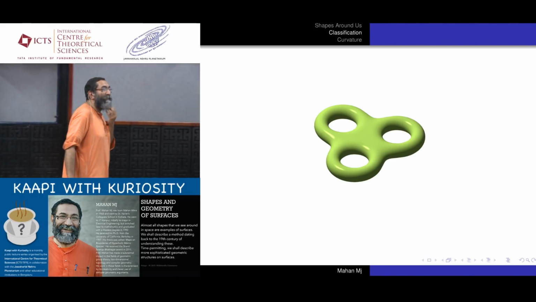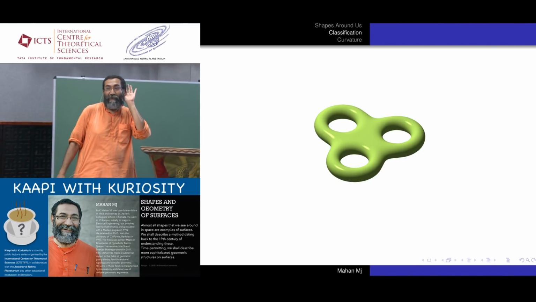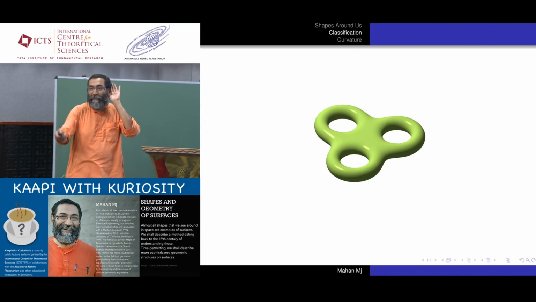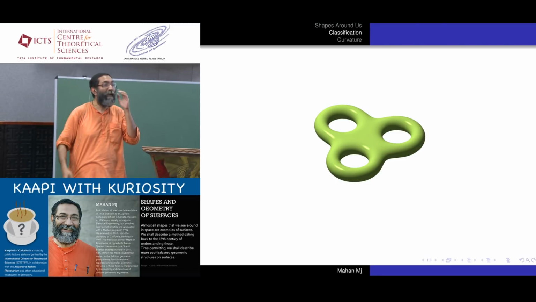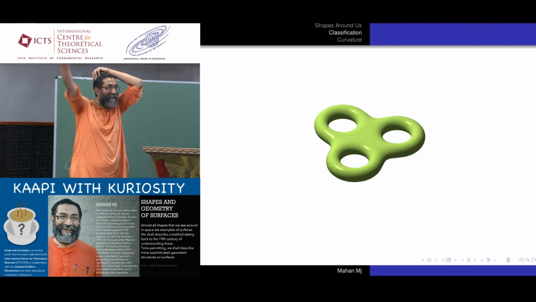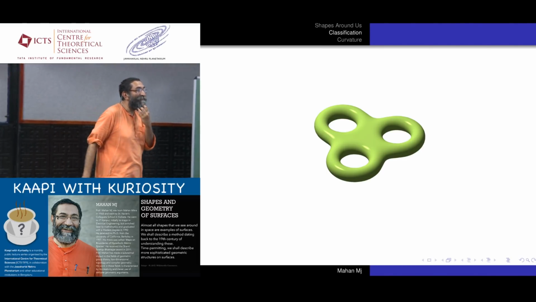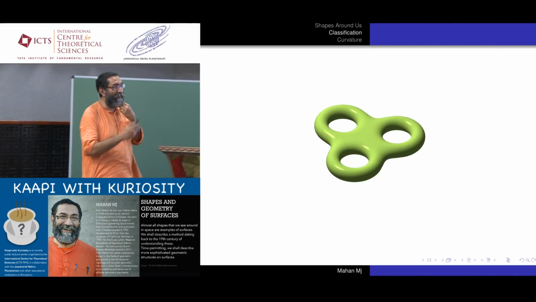Somebody is saying all 3 are the same. Yes, our youngest scientist here says that all 3 are the same. Excellent. Very good. And 1 and 3 are the same.